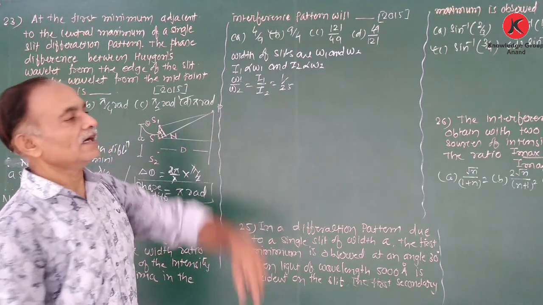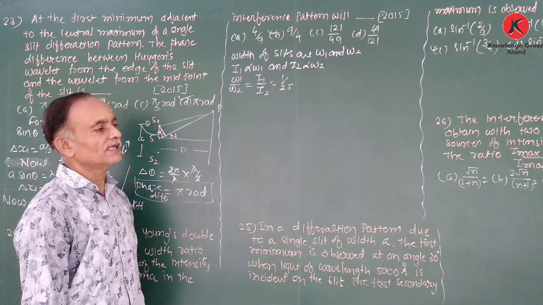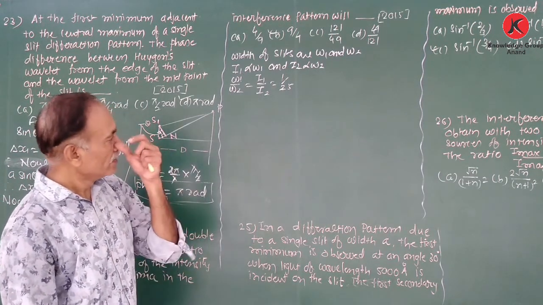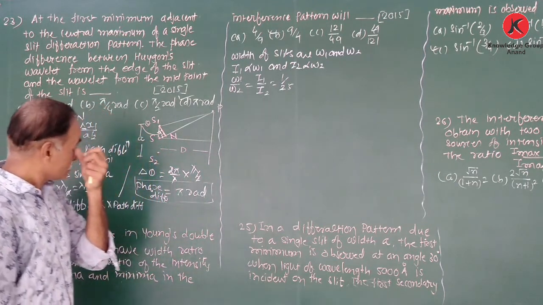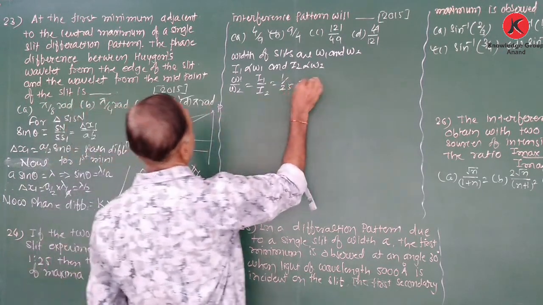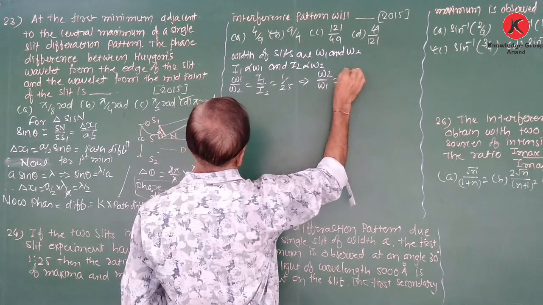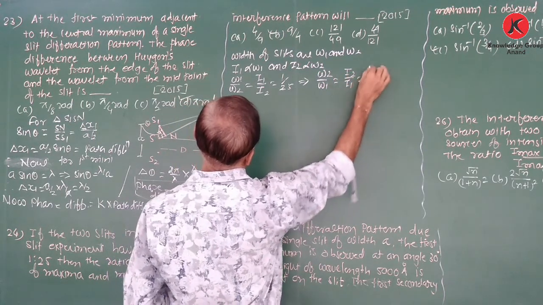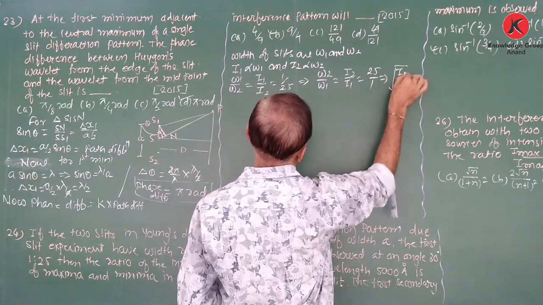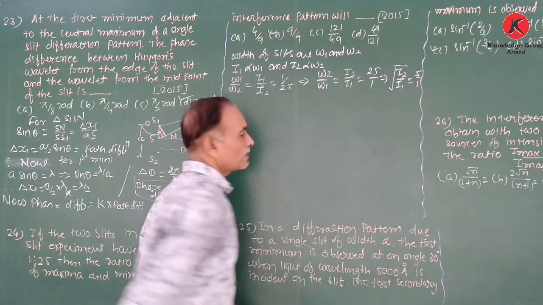So here we obtain the ratio of the intensity: I1 upon I2 is equal to W1, that means the width of a slit, W1 upon W2. Right? Therefore from this equation, W2 upon W1 is equal to I2 upon I1 is equal to 25 by 1. So we can take under root of I2 upon I1 is equal to 5 upon 1.